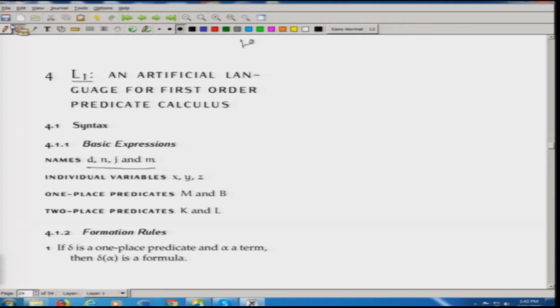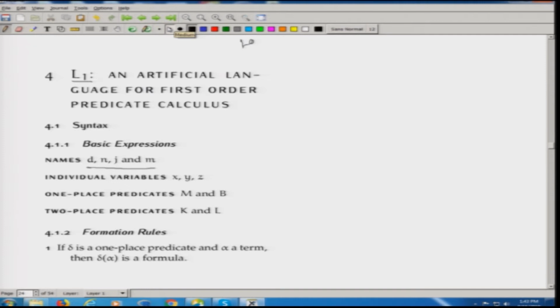Ideally, we should have an infinite supply of individual variables: V1, V2, V3 through Vn. But then it would be inconvenient and more complex than it is now.